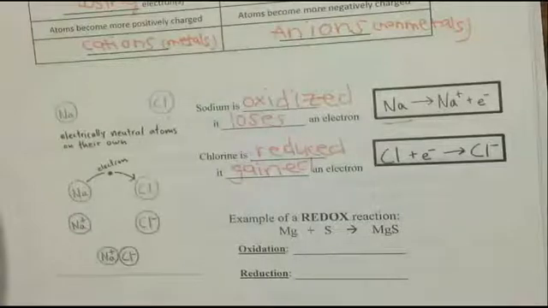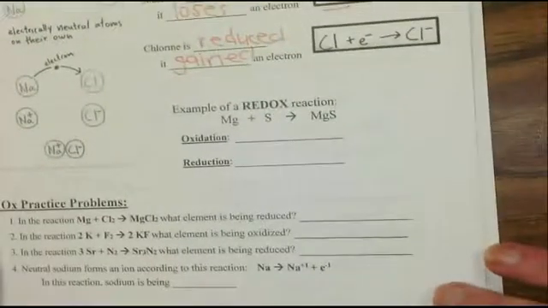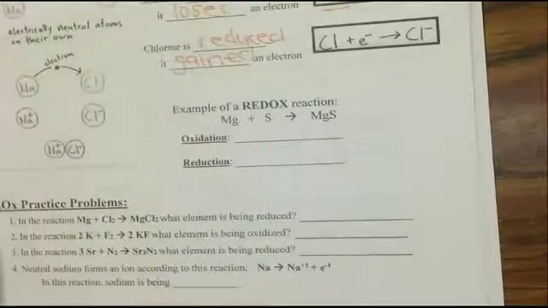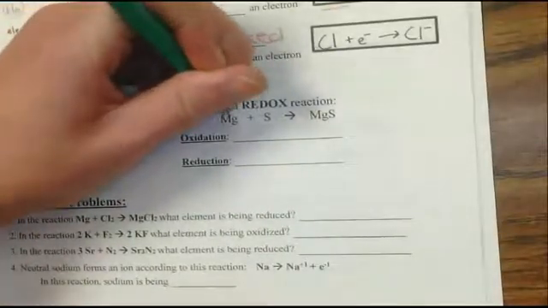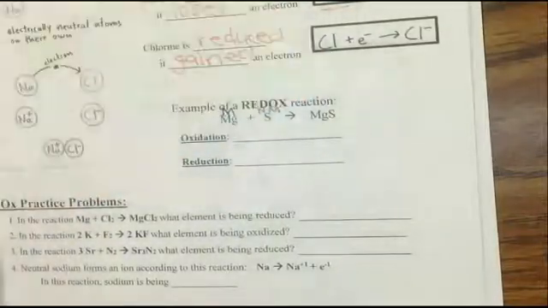So here's another example of a redox reaction. Let's look at this Mg and S. The first thing you want to do when you're looking at oxidation reduction is think which one's the metal, which one's the nonmetal. So magnesium is your metal. The sulfur is a nonmetal.